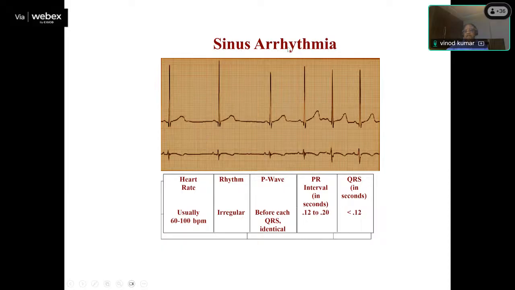So we try to find out the problems with respect to rhythm. Number two, with respect to morphology. Number three, with respect to magnitude of each wave. Number four, with respect to duration of each interval or segment. So four things we try to measure when we have an ECG signal.